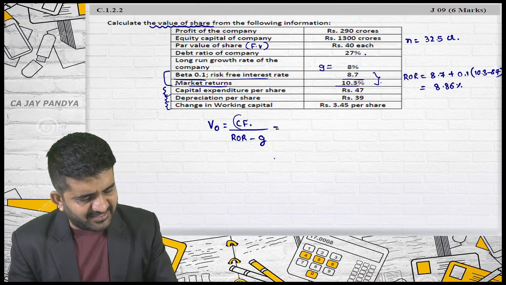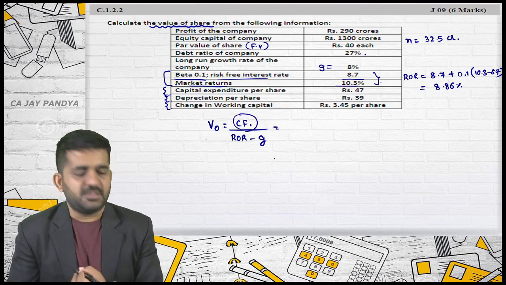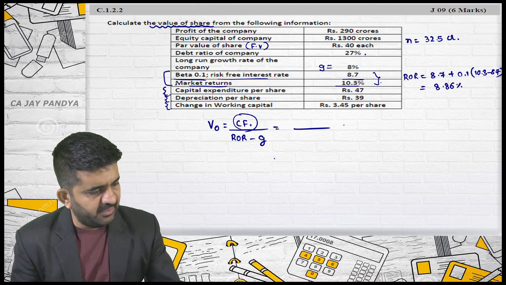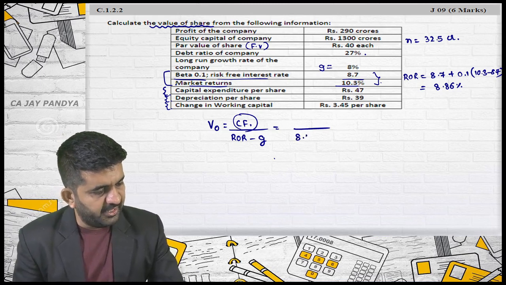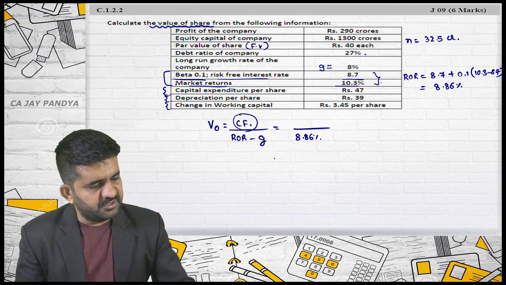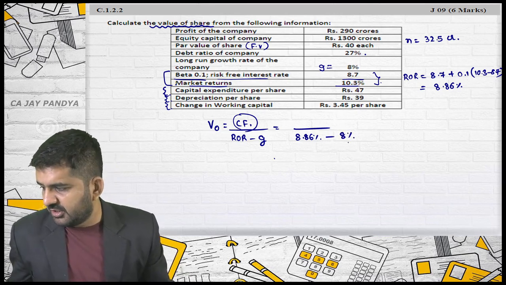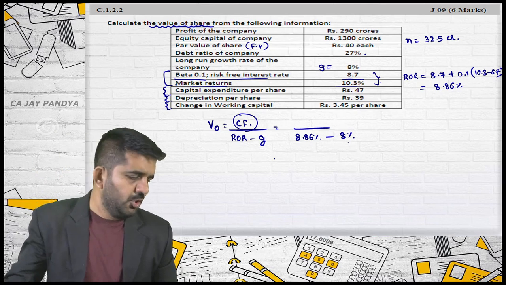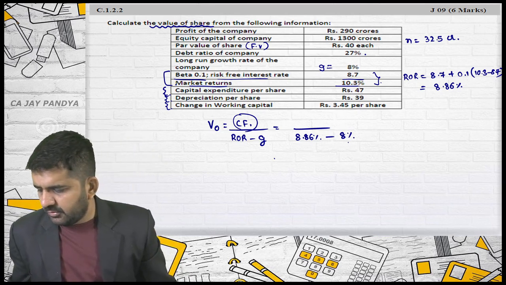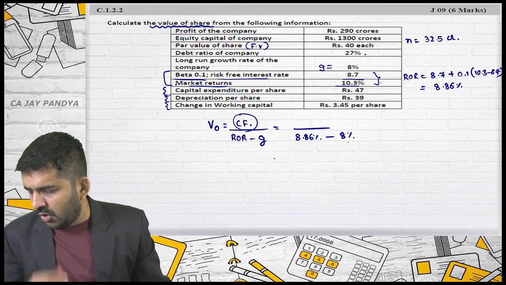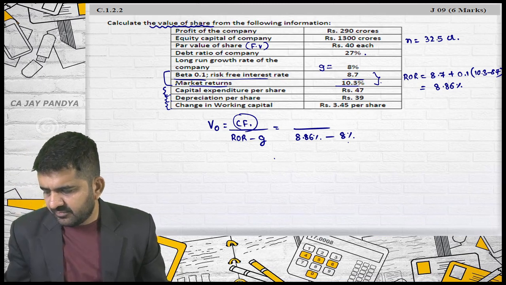Everything is available except cash flow of first year. Rate of return I have found out, 8.86%. Growth rate is directly given, which is nothing but 8%. So I need to find out cash flow of the first year.